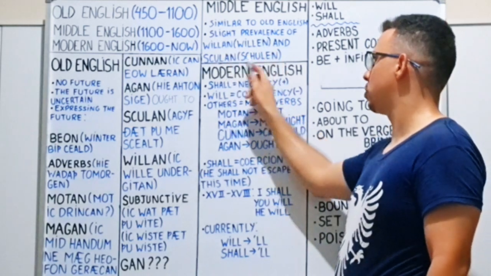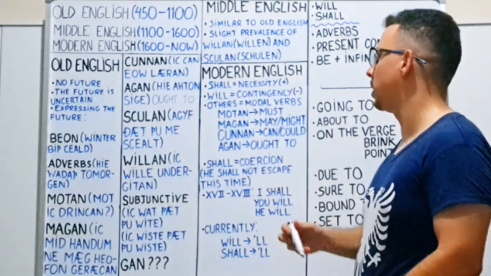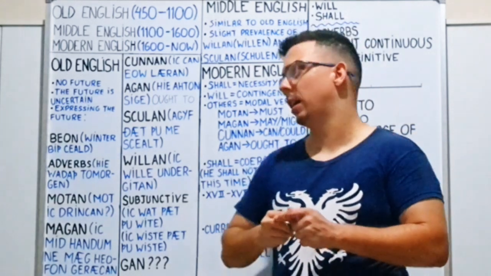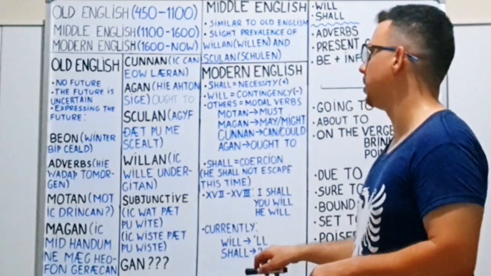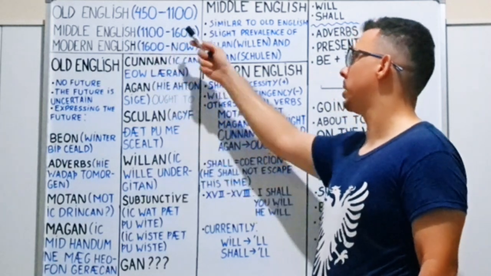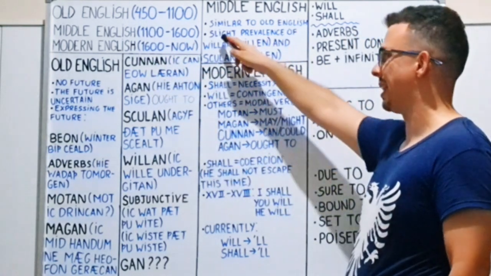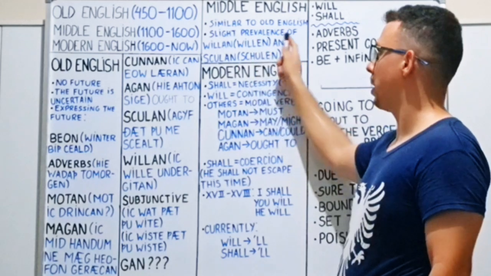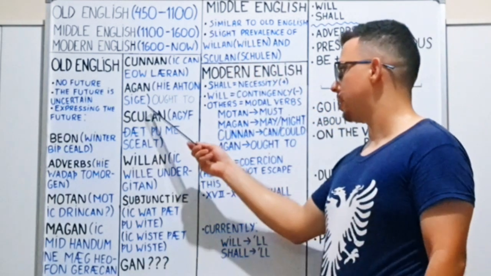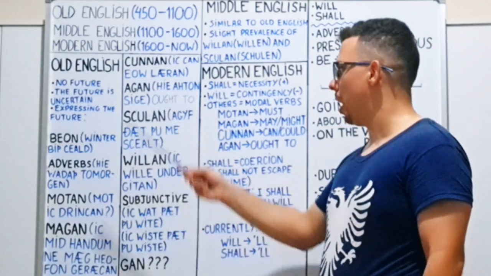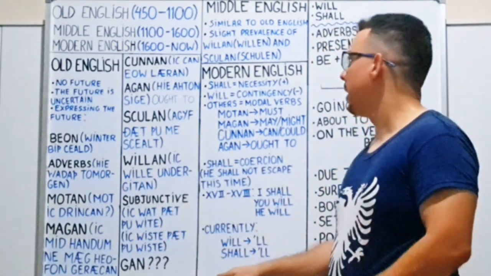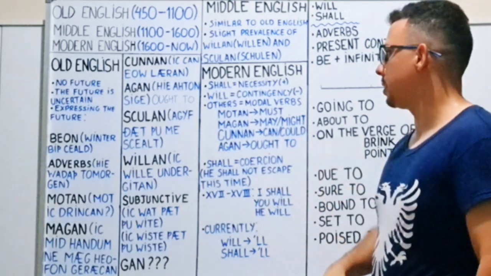Willen is Willan, and Schulen is Schulan, right? So in Middle English, that's everything I have to say right now. Of course, many things happen from 1100 until 1600, but what is really important for us is this. There was a slight prevalence of Willan and Schulan, so these two right here, over all the other verbs. Okay?